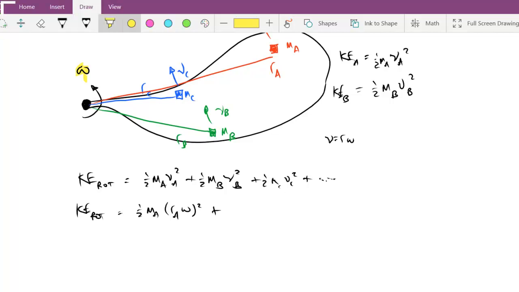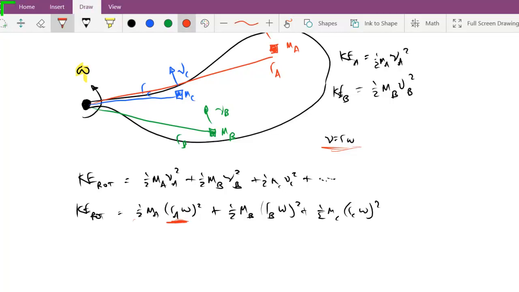This would be our linear velocity at point A, RA omega. And then plus 1/2 mass of B times RB omega squared plus 1/2 mass of C times RC omega squared.